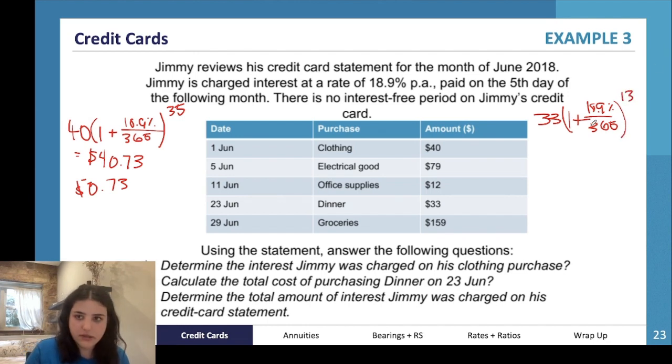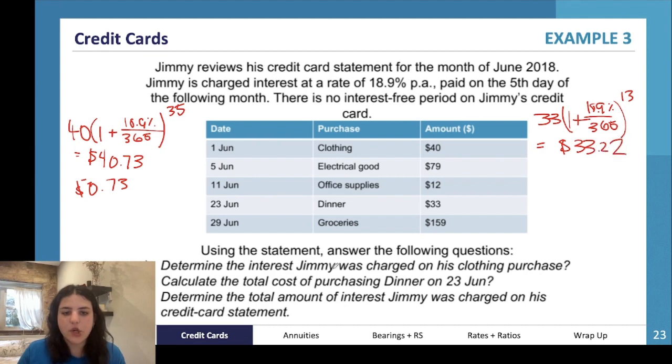And the total cost would be, so we'll put that into our calculator, $33.22.